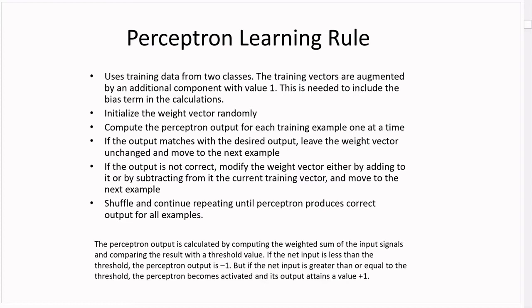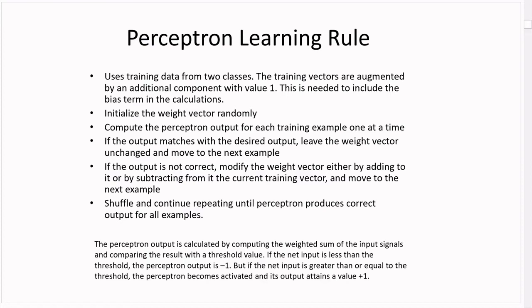The perceptron learning rule uses training data from two classes. The training vectors are augmented by an additional component with value 1. This, as you might remember, is needed to include the bias term in the calculations. The weight vectors are initialized randomly. And if we present training examples one at a time, we present the example and compute the output of the perceptron.